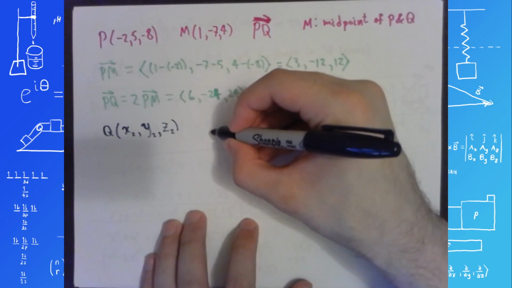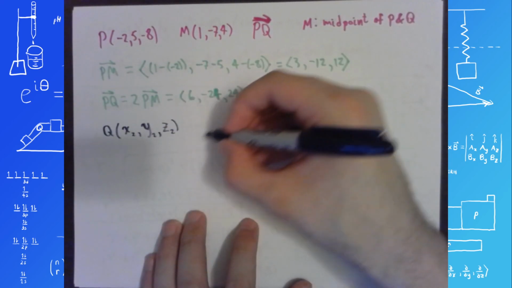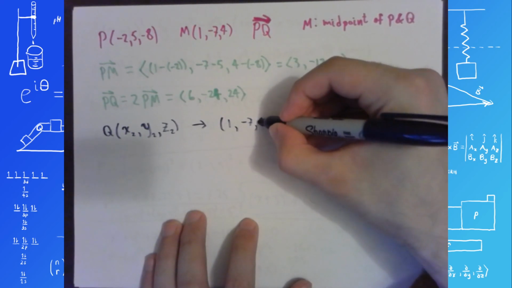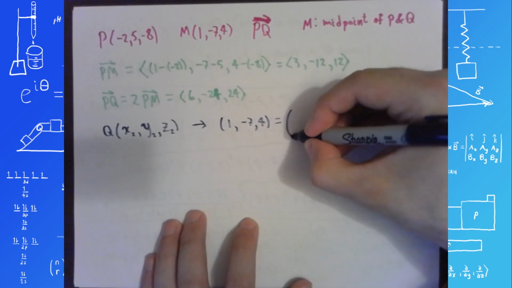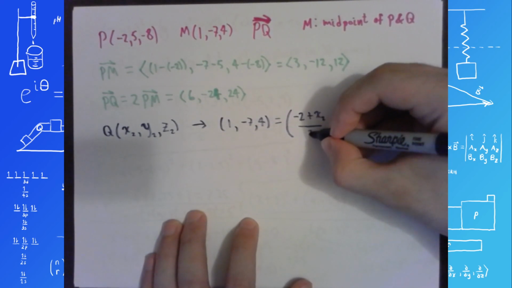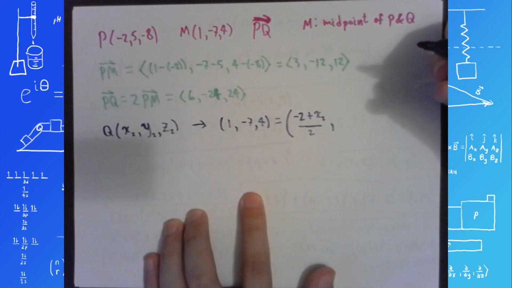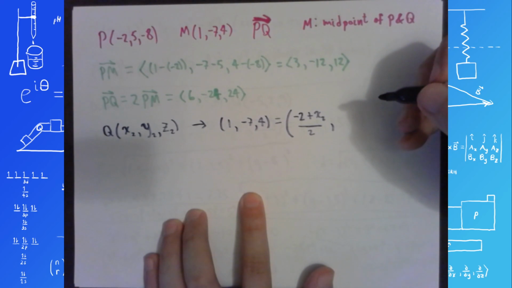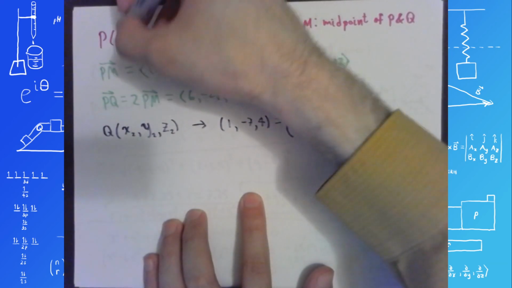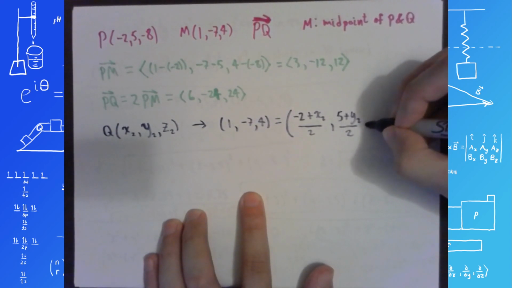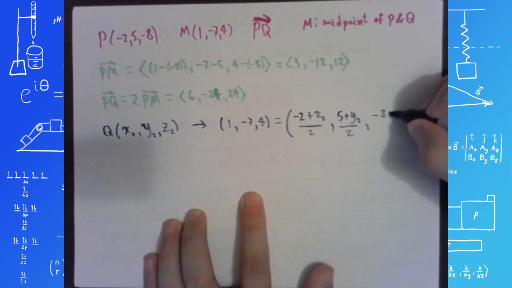And we can say the midpoint (1, -7, 4) is equal to ((-2 + x2)/2, (5 + y2)/2, (-8 + z2)/2). Wait, I was looking at the point M for some reason I shouldn't be.